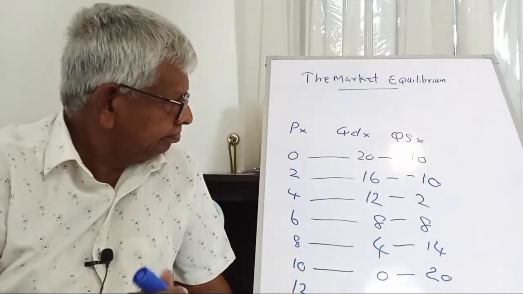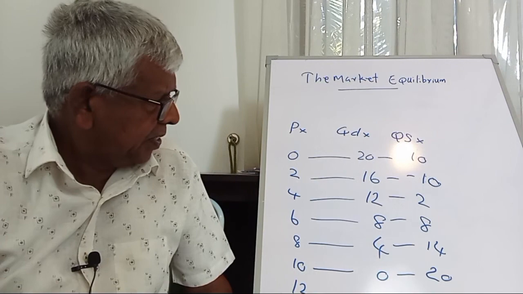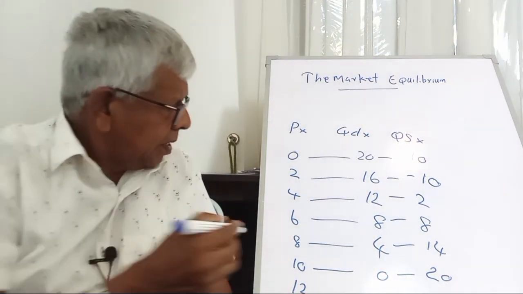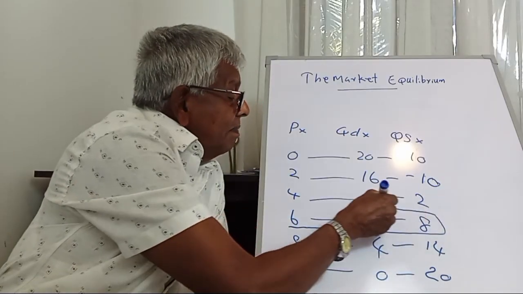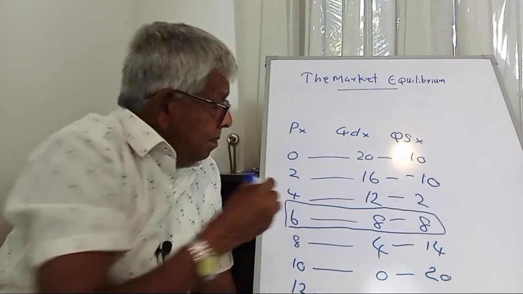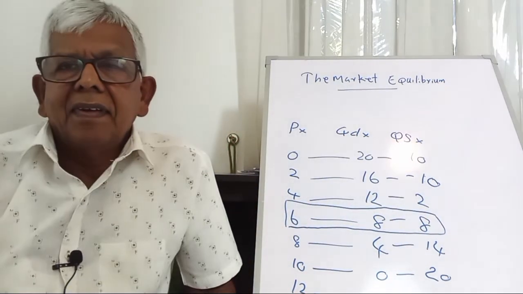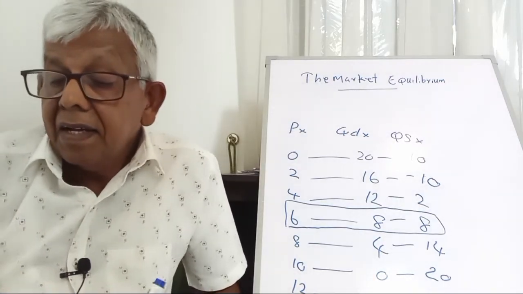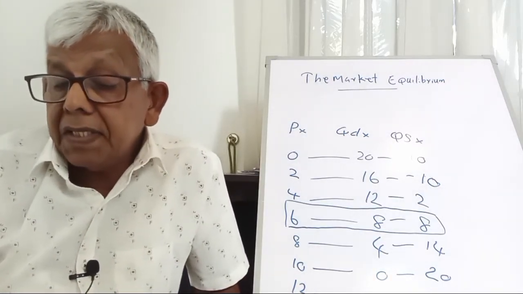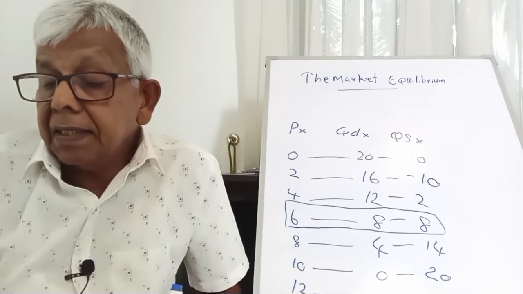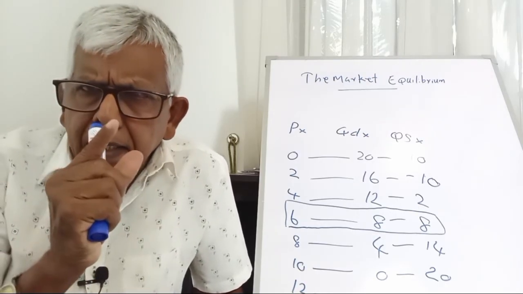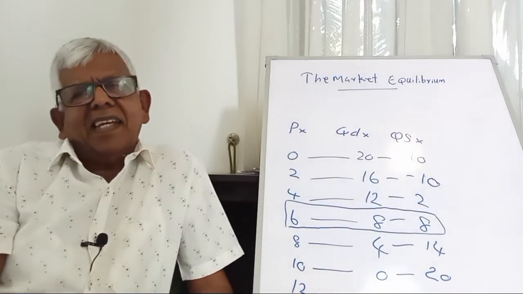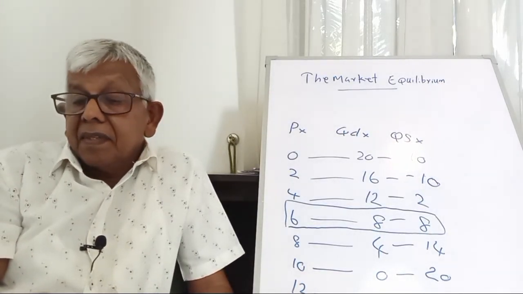Therefore, the equilibrium price is 6 rupees and the equilibrium quantity is 8 units.